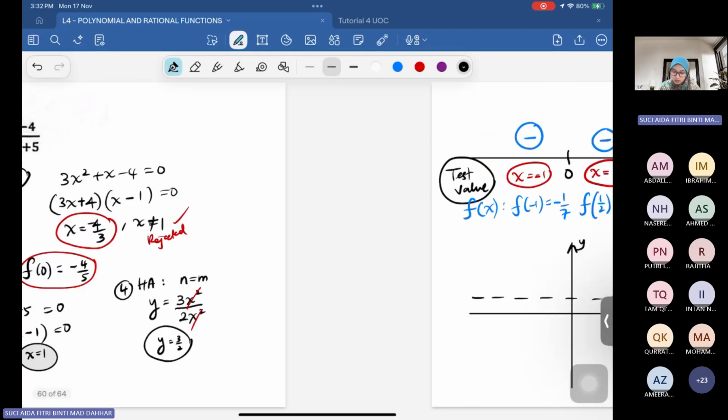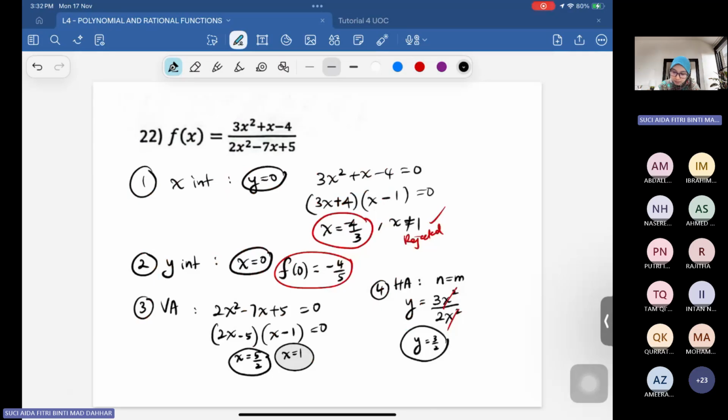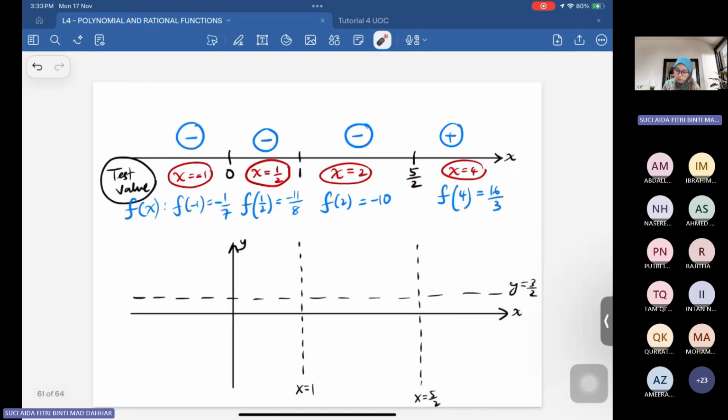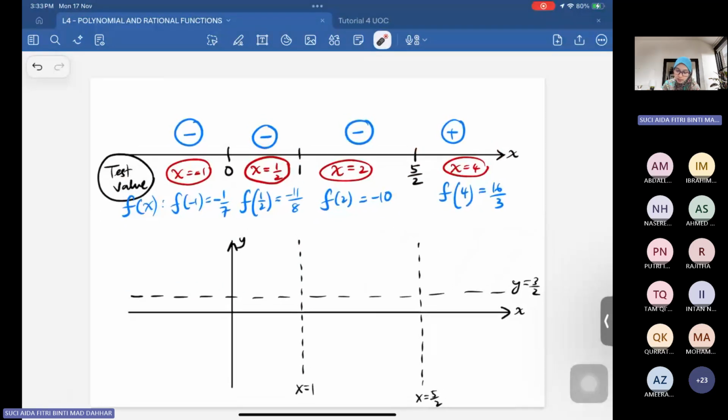And later, okay, where is our intercept? The x will cut at negative 4 over 3, and the y will cut at negative 4 over 5. So both on the negative side. X will cut somewhere here, y will cut down here, like this. Right?